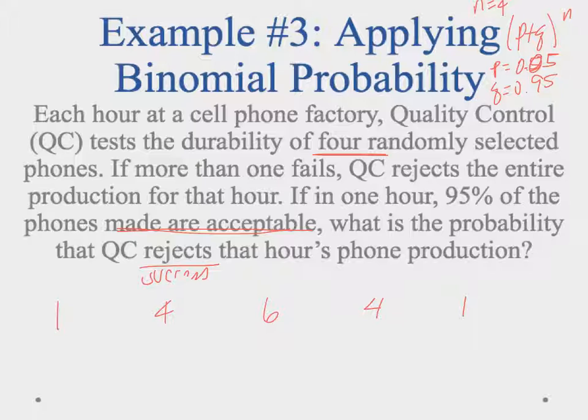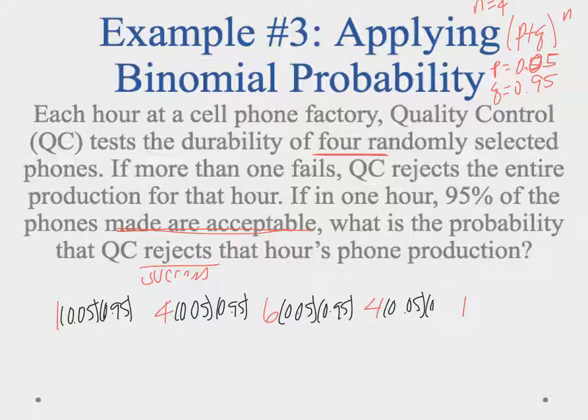Okay, so P is 0.05. Q is 0.95. 0.05, 0.95, 0.05, 0.95, 0.05, 0.95, 0.05, and then 0.95.